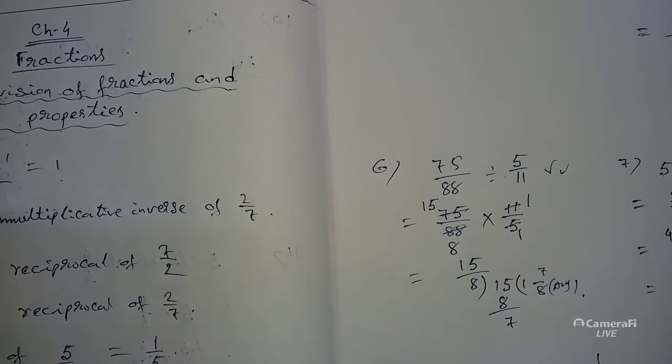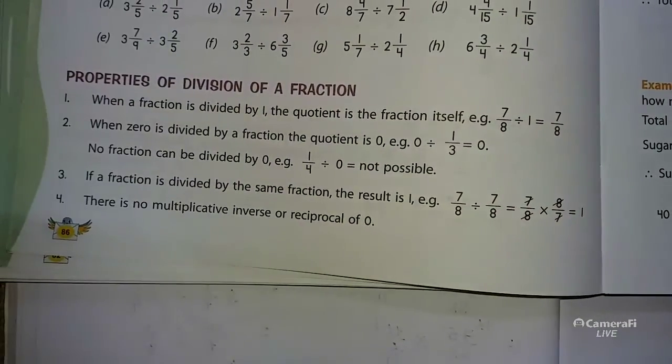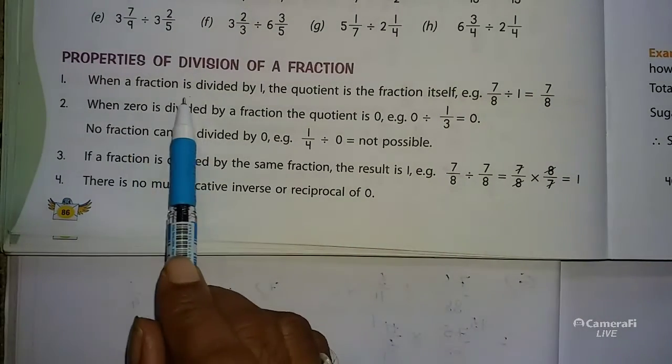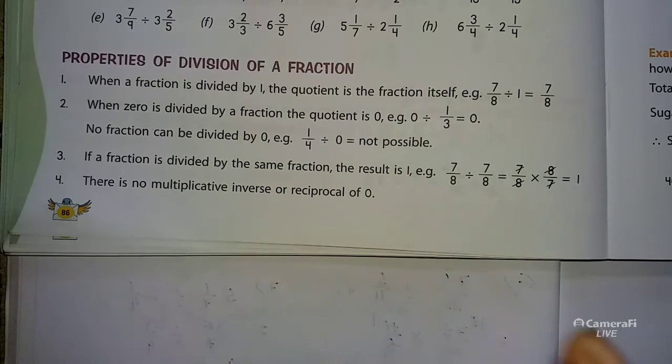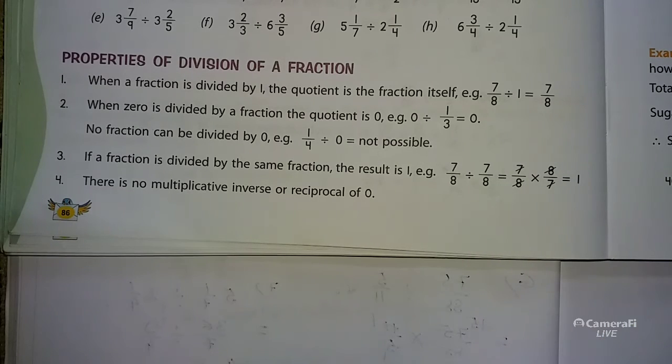Now we will come to the properties of division. Properties of division are here. Number 1, when a fraction is divided by 1, the quotient is the fraction itself. Suppose I am dividing 7 by 8 by 1, we get 7 by 8 again.